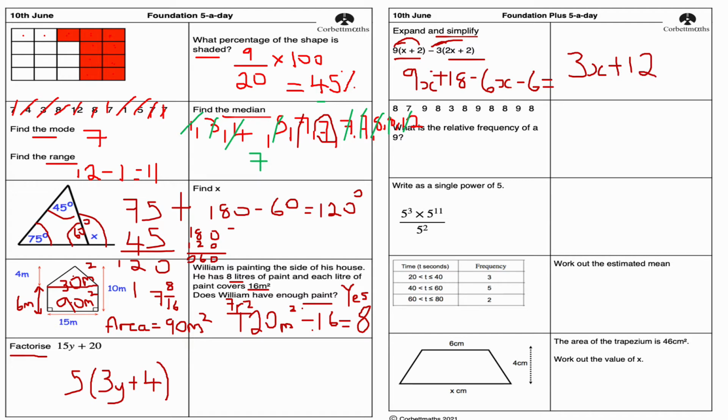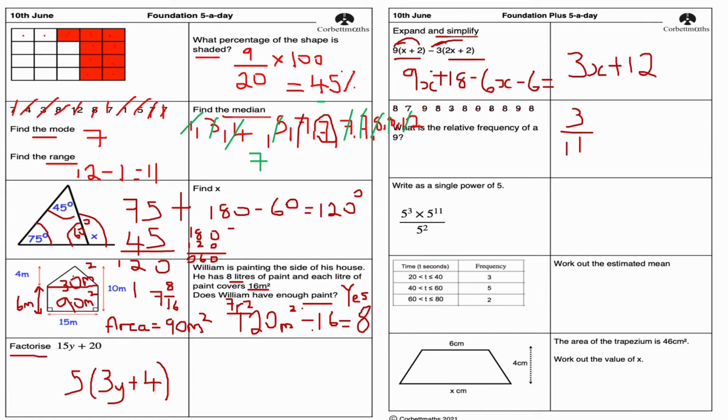Okay, next question. What is the relative frequency of a 9 when I've got 1, 2, 3, so 3 out of a total of 1, 2, 3, 4, 5, 6, 7, 8, 9, 10, 11. So the answer is 3/11.